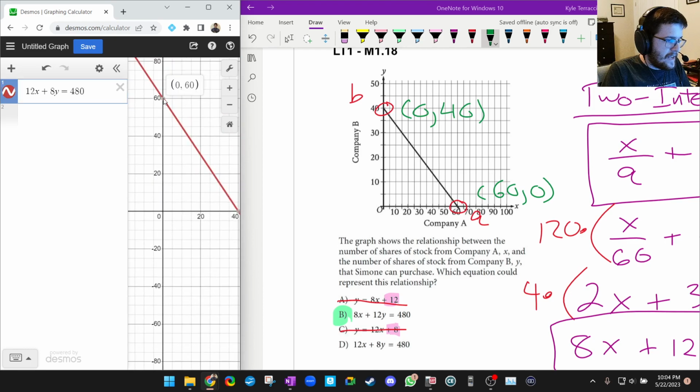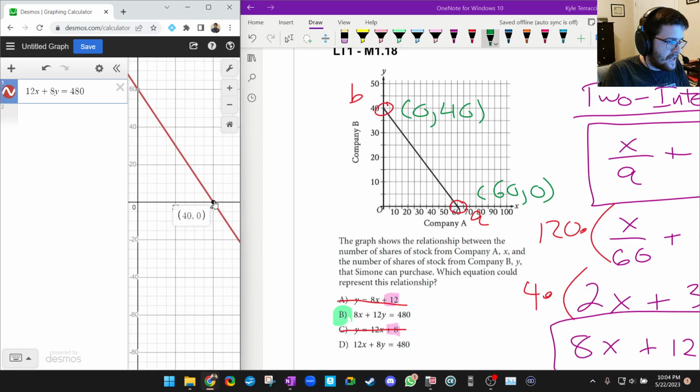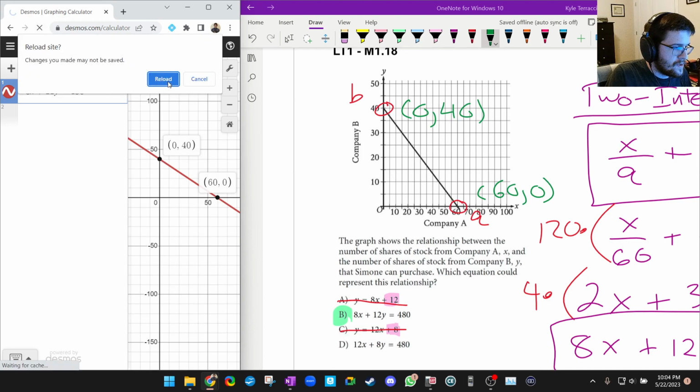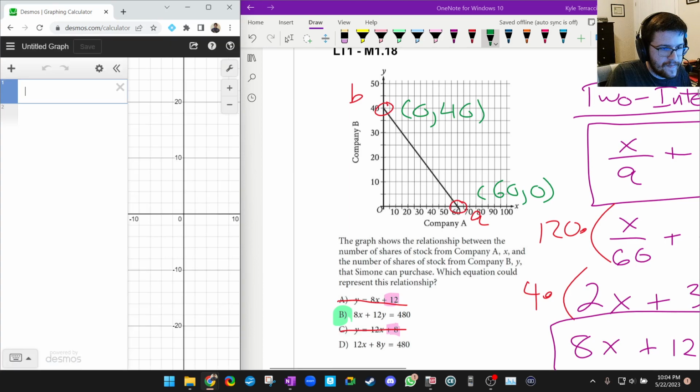And that has a y-intercept of 60 and an x-intercept of 40. So you see it's backwards, right? So let's try 8x plus, many ways you could have done this. Probably just plugging in the 2 points is the easiest. 0, 40, 60, 0. Great. So, looks good. So, yep, we could have just kind of guessed and checked on that one.